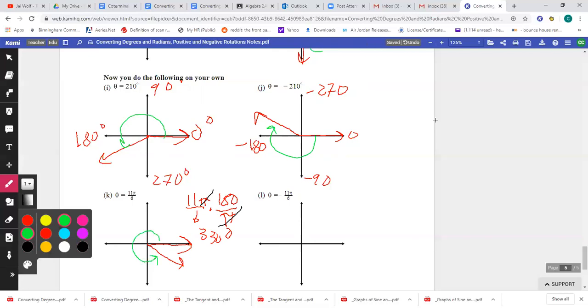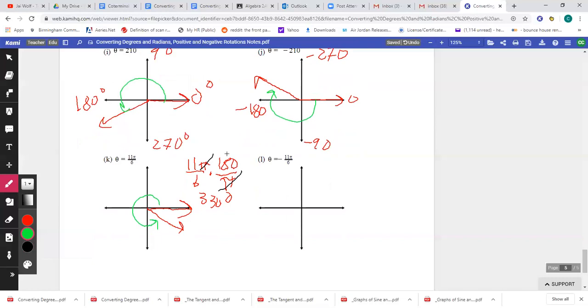Okay. When you do this on the homework, you don't have to write 0, 90, 180, 270. That's just a way of helping you so you know where it falls between. So if you didn't know where 330 belongs, you know 270 is down here, and you know 360 is the full amount, so 330 would be close to 360.